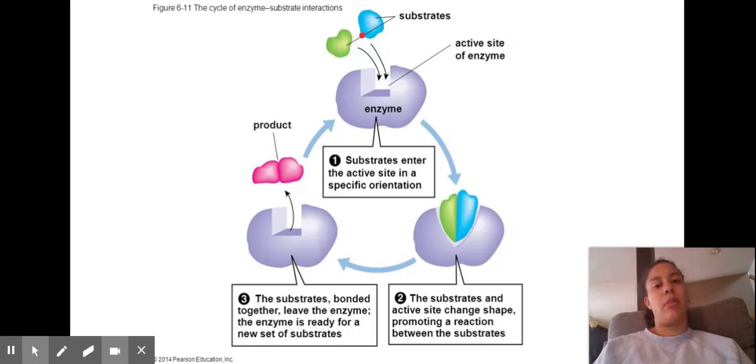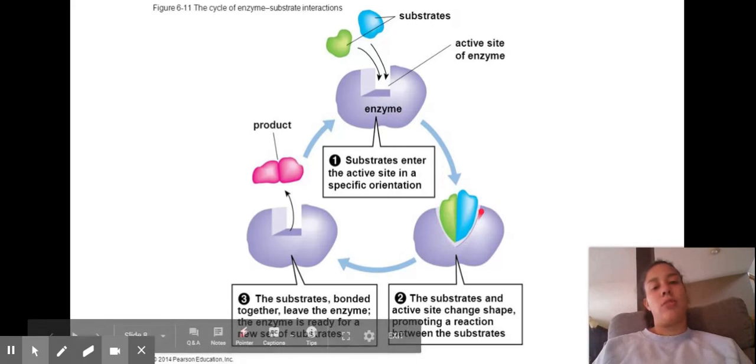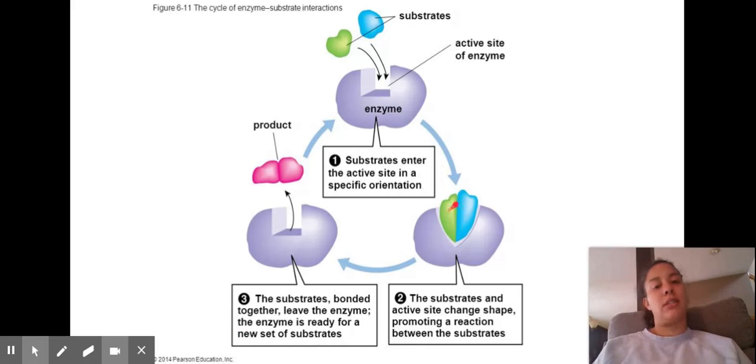This would be an example of induced fit, where once these substrates come to the active site, the enzyme changes shape just ever so slightly so that these substrates fit in nice and neat to each other, and then they release their products in the end. If it was a lock and key model and the active site was rectangular like this, our substrates would also be in that rectangular shape and they'd have that perfect fit. So there are a couple different types.